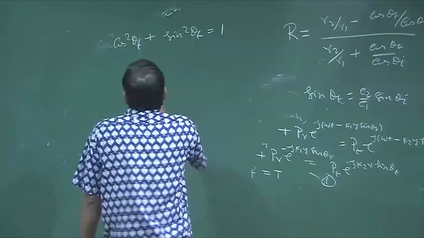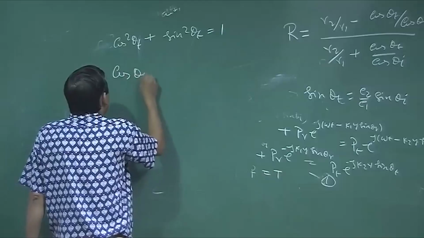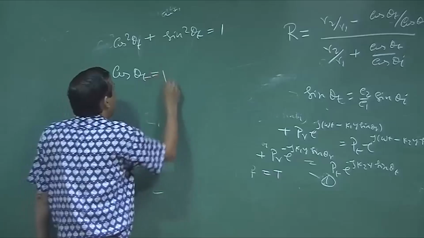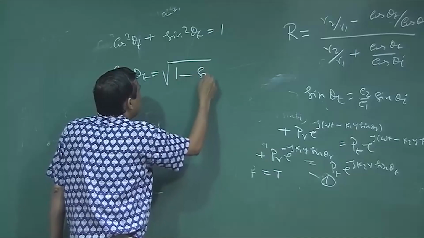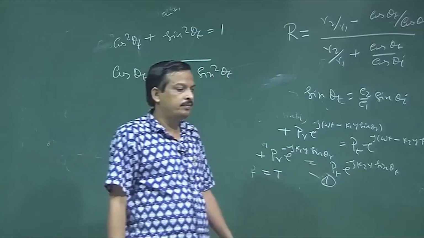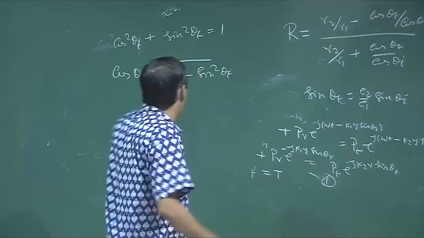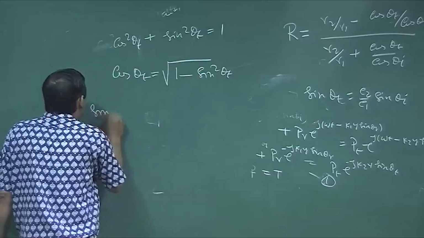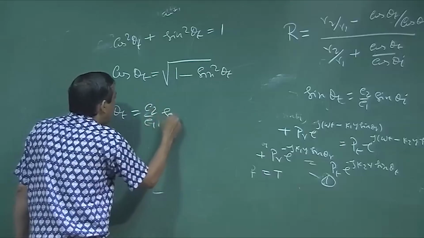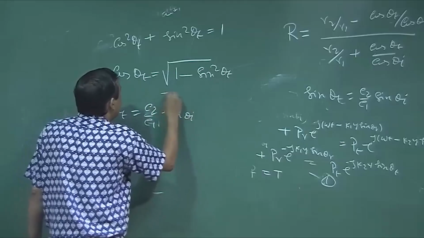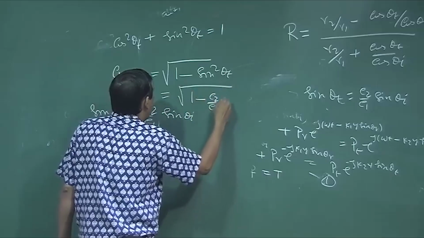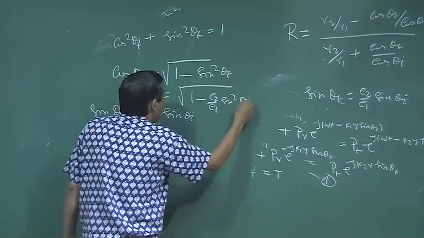So, I can say cos theta t is nothing but root over of 1 minus sin square theta t. Okay. Now, what is sin theta t? Sin theta t is nothing but C2 by C1 sin theta I. So, I can say it is root over of 1 minus C2 by C1 sin square theta I.